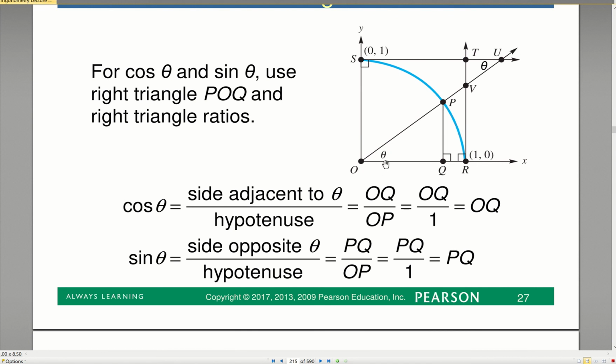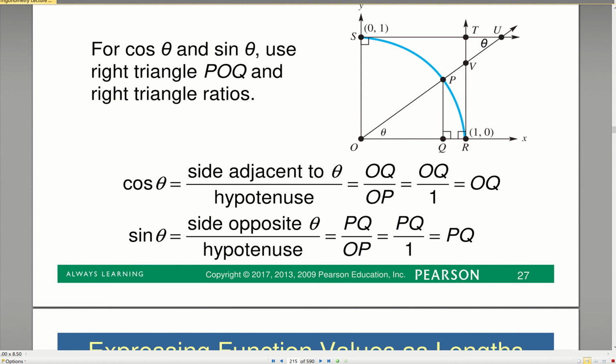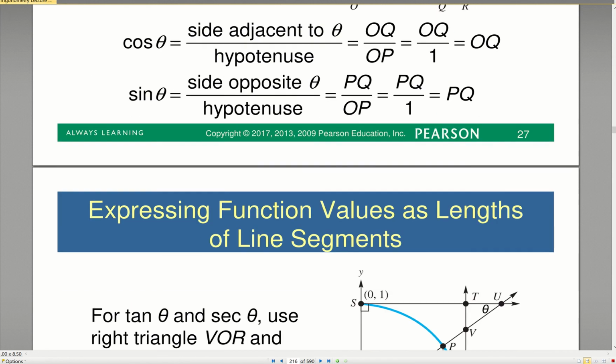Inside that triangle, the cosine of the angle theta is going to correspond to adjacent, which is OQ, over the hypotenuse. But remember, this is a unit circle, so the hypotenuse here is going to measure 1. So we get OQ for the cosine of theta. Now, in the same triangle, sine of theta is going to be opposite, which is PQ, over hypotenuse, which is 1. So that's where we get PQ over here.